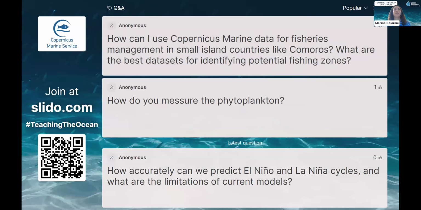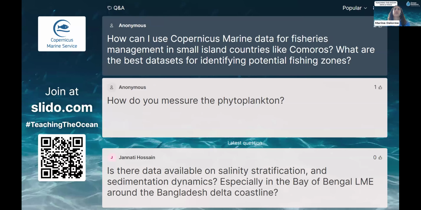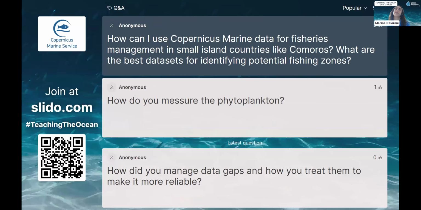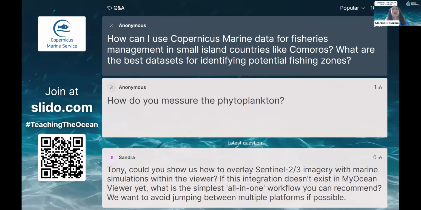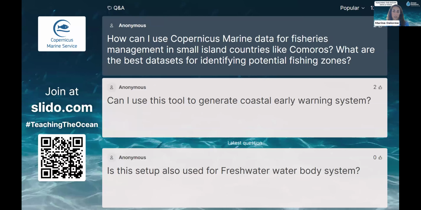Thank you. Next question is, how can I use Copernicus Marine data for fisheries management in small island countries like Comoros? What are the best data sets for identifying potential fishing zones? I would say that this is also a question that you can ask Blue, the AI agent.